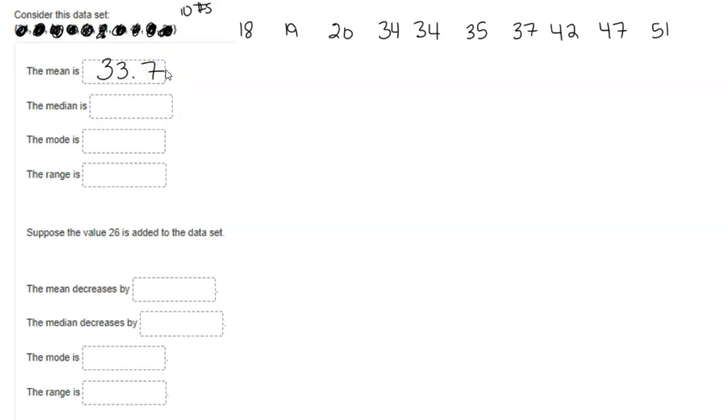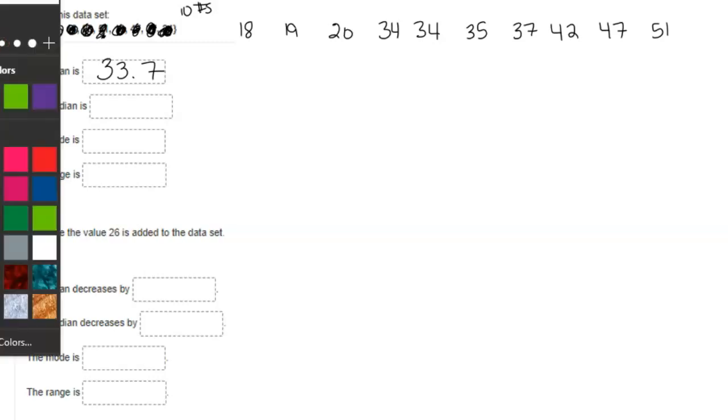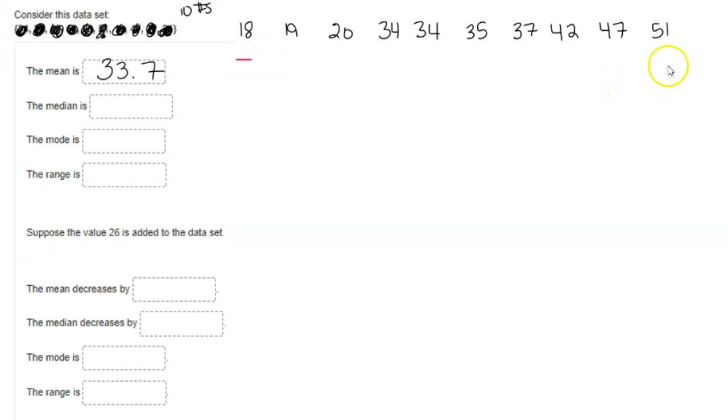Okay, the median is the one smack in the middle. If you have two of them, we have to find the middle of that, but we'll go through there. So how I find the median is I go ahead and just cross them out as I kind of dive in. So like 18, 51, 19, 47, 20, 42, 30, 37. Okay, so then we're stuck with two that are smack in the middle.